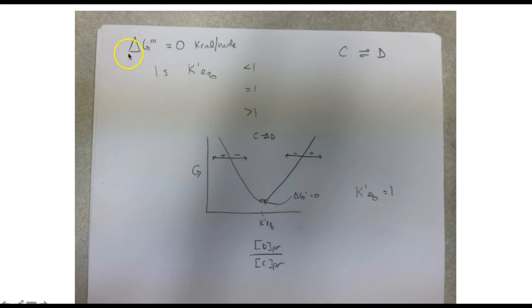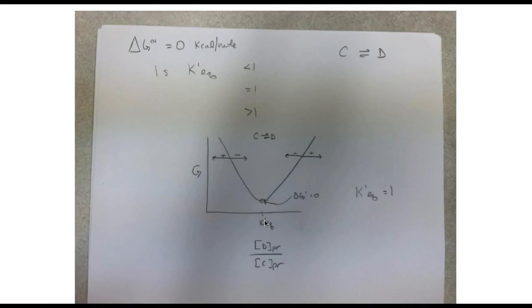Therefore, if the standard free energy change is equal to 0, and 0 is at the lowest free energy point on this graph, and equilibrium is the lowest free energy point on this graph, then the equilibrium constant must be 1. Because under standard conditions, our ratio of product to reactant is 1, and we are at equilibrium.